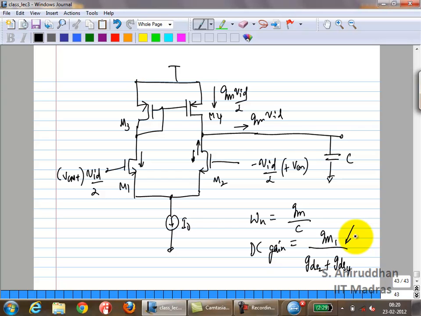Have you had problems with these kinds of stages, any numerical calculations? What do you think the typical DC gain is going to be? You've seen when we looked at the output impedance, GM, GMBS and so on, the relative levels.